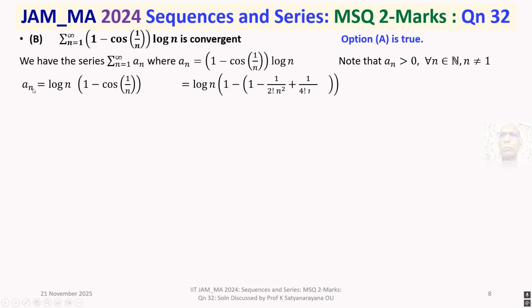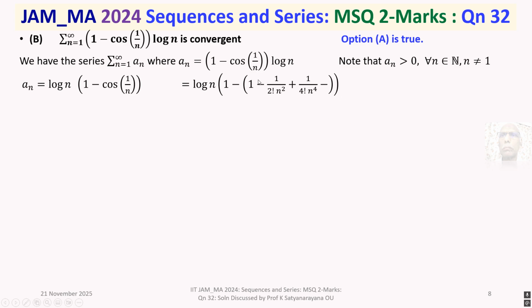So we take an, log n into 1 minus cos of 1 by n. So it's equal to log n into 1 minus cos 1 by n, expansion we have written. That is 1 minus 1 by 2 factorial into n square plus 1 by 4 factorial into n power 4 in the denominator itself, minus so on and so forth.